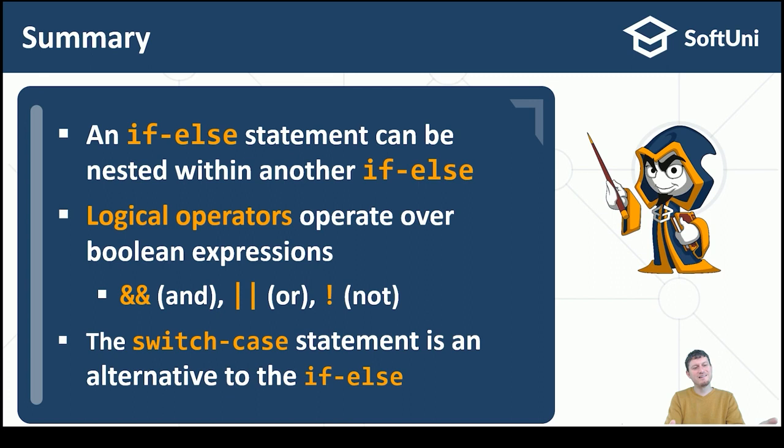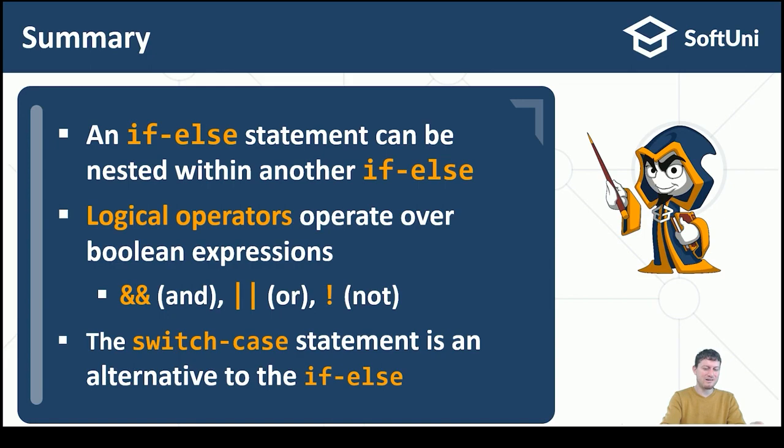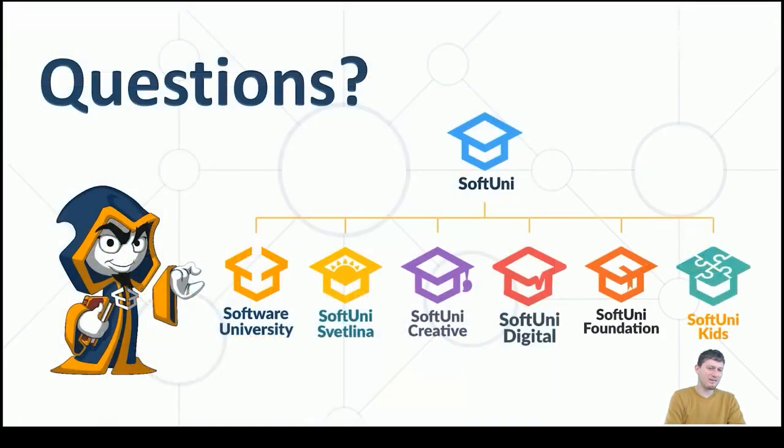Now we have good knowledge and skills about using conditional statements in Java. In the next lesson, I will show you how to repeat pieces of code using loops, and this will be our next level of advancement in the coding skills.